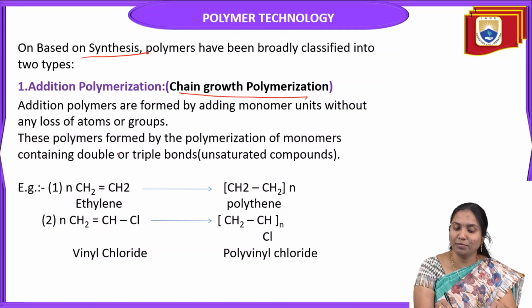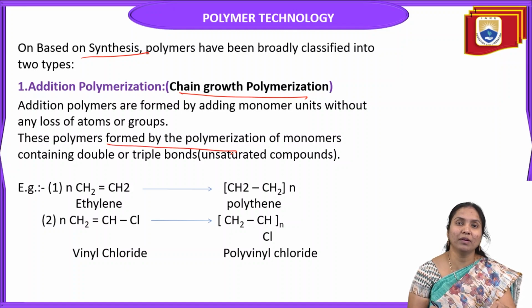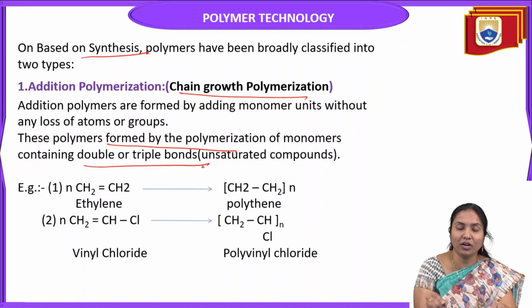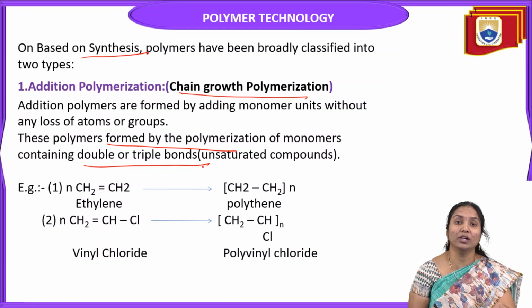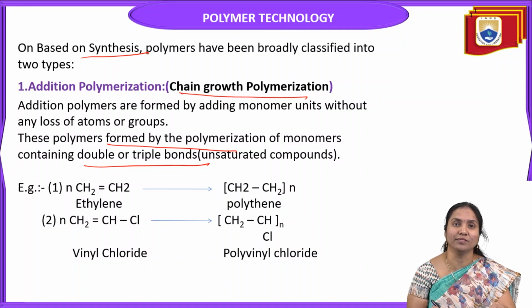These polymers are formed by the polymerization of monomers containing double or triple bonds. That means only monomeric units that are unsaturated compounds, having double bonds or triple bonds, undergo addition polymerization.